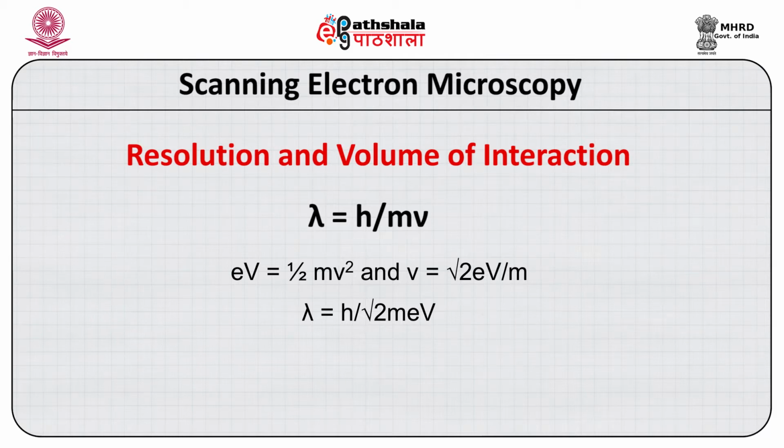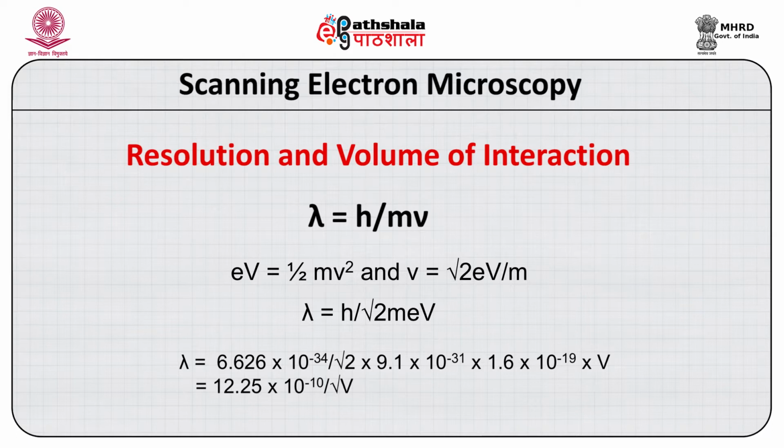Considering that the mass of an electron is 9.1 into 10 to the power minus 31 kilogram, and the charge is 1.6 into 10 to the power minus 19 coulomb, wavelength of electron can be computed as lambda is equal to 6.626 into 10 to the power minus 34 divided by under root 2 into 9.1 into 10 to the power minus 31 into 1.6 into 10 to the power minus 19 into V, and this works out to be 12.25 into 10 to the power minus 10 divided by under root capital V, which represents the accelerating voltage.